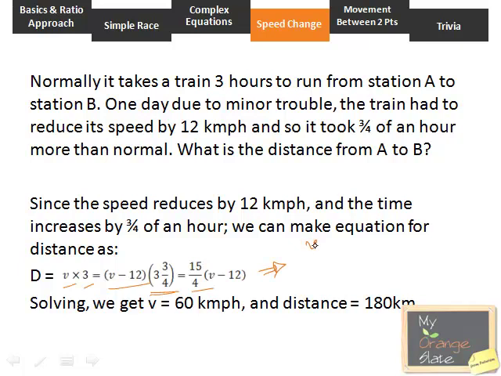From this we get v over v minus 12 is equal to 15 over 3 into 4, that is 12. Now difference on the right hand side is 3, that on the left hand side is 12. Thus we know that left hand side is 4 times the right hand side. So we get v is equal to 15 into 4, 60. And that gives us this distance is equal to 180 kilometers.